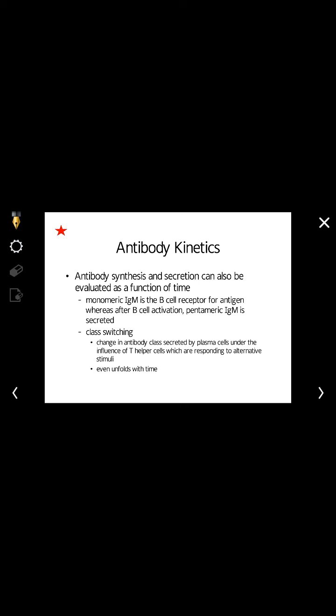So the kinetics of antibodies, antibody synthesis and secretion, can also be evaluated as a function of time.